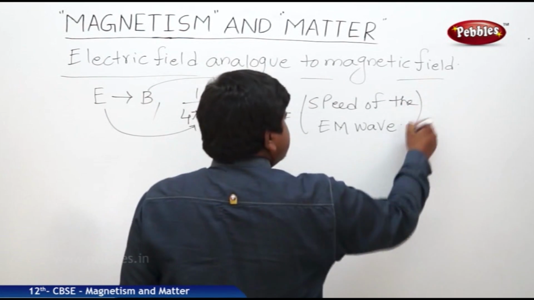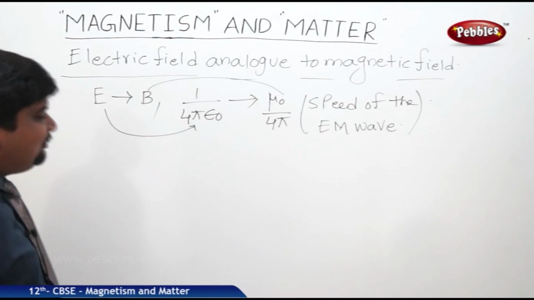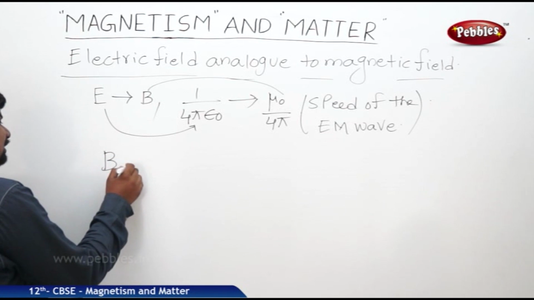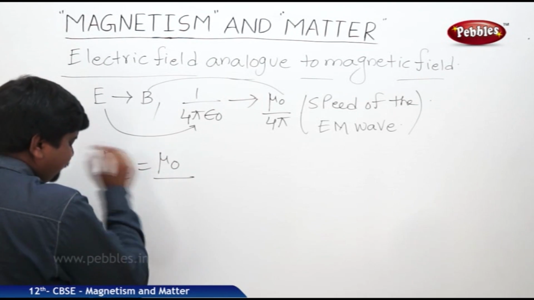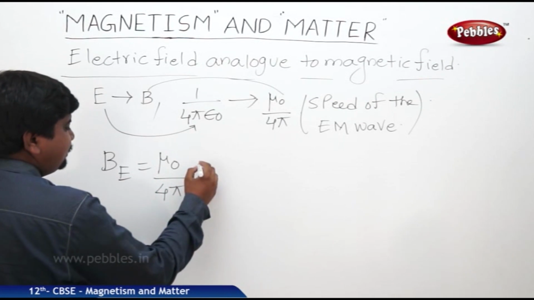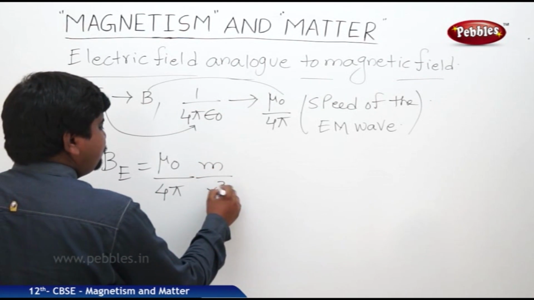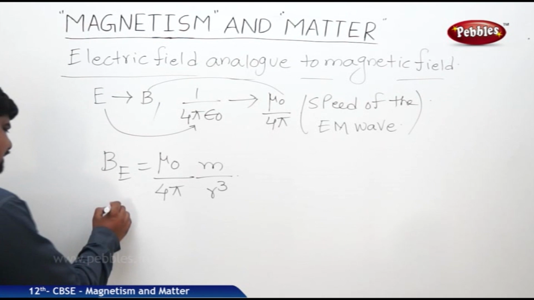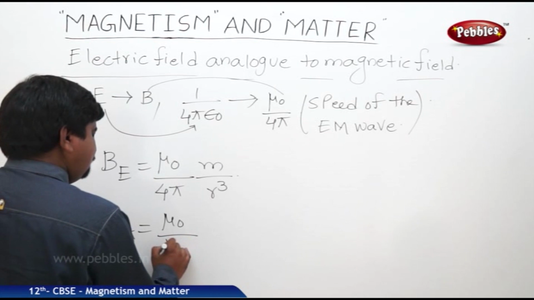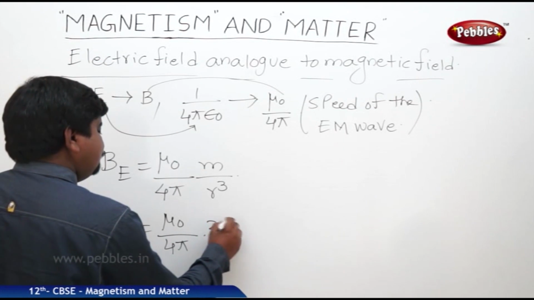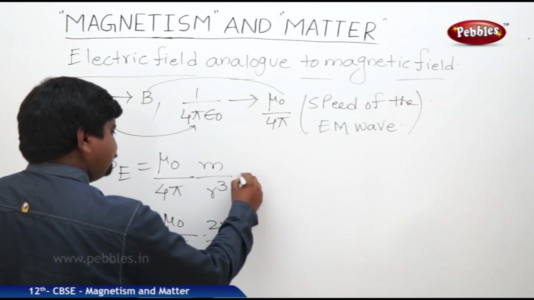So magnetic field at the equatorial plane is equal to mu naught by 4 pi into m by r cube. But the magnetic field at the axial line is equal to mu naught by 4 pi into 2m by r cube.